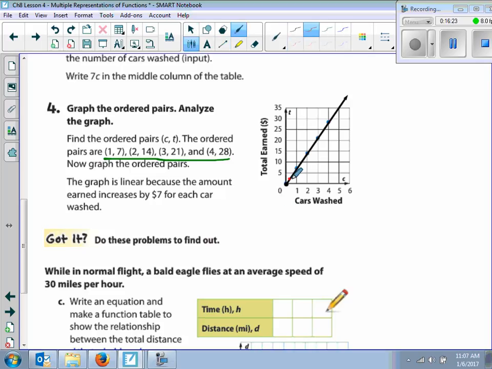Okay, so we're not going to be able to plot that point right there, right? We're not going to be able to plot 1.5, right? We're not going to be able to plot 2.5. We're not going to be able to plot those red points there, so we will not connect the dots. But do the points still lie on a straight line? Yes, they do. So is this a linear function? Yes, it is. Very good.